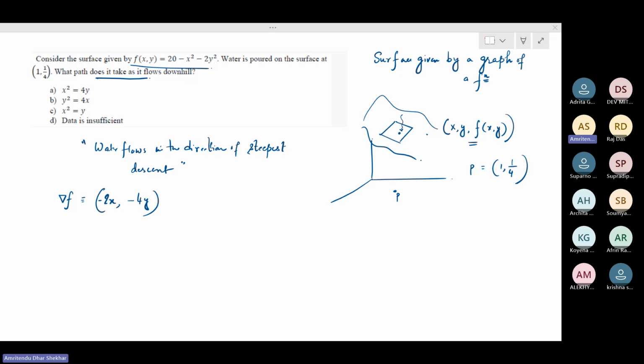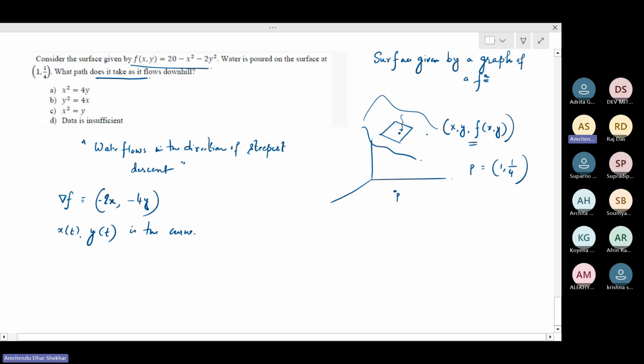So your integral curve, let's say x(t) and y(t) is the curve.